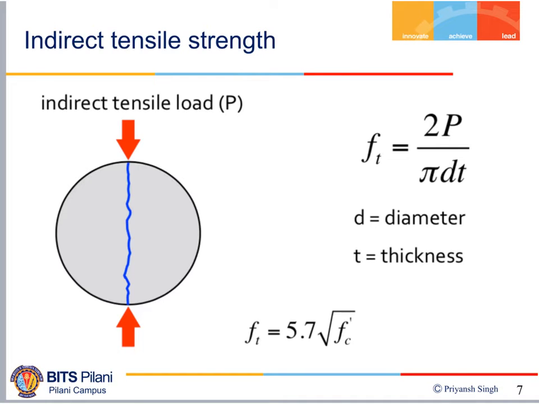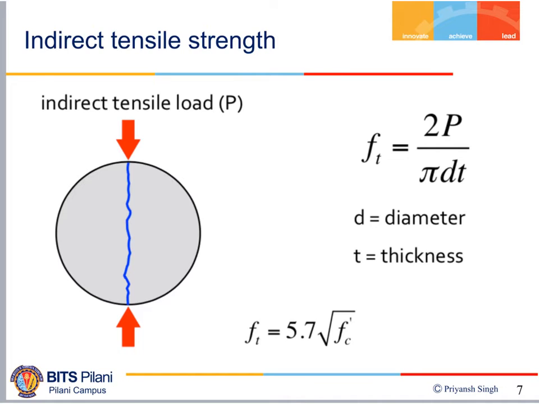Indirect tensile strength, or the tensile strength of concrete, in pavement application is a very important parameter because it simulates the traffic conditions or loading stress conditions at the bottom of the pavement surface during traffic loading.